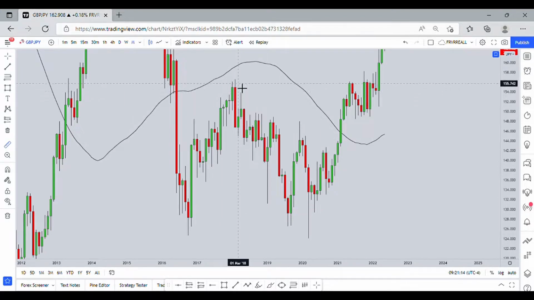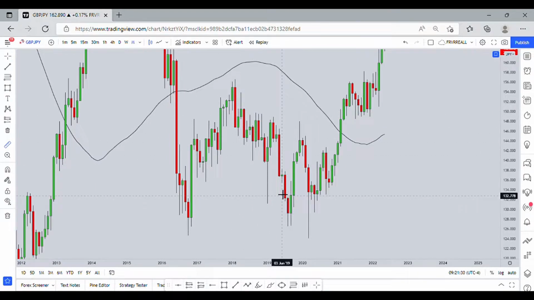And the banks as well. So here we can definitely see that there was an imbalance, and that the Great Britain pound was being supplied more than it was demanded.